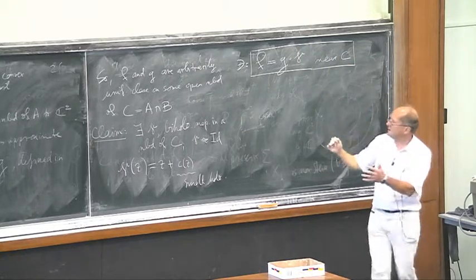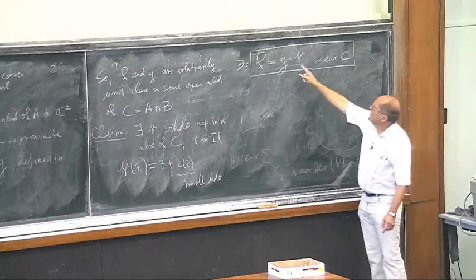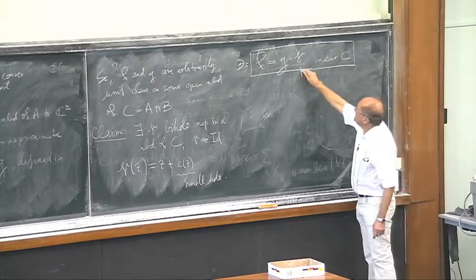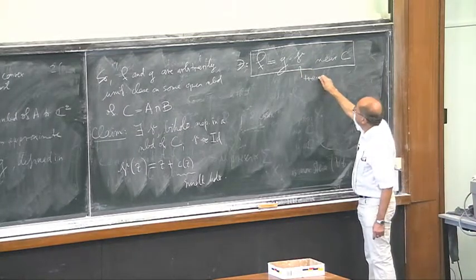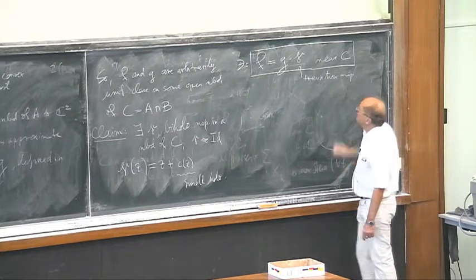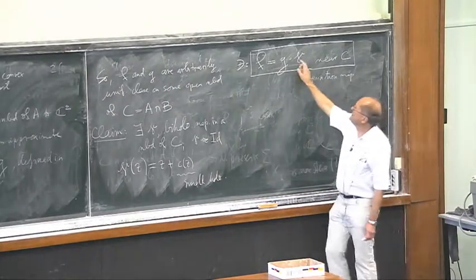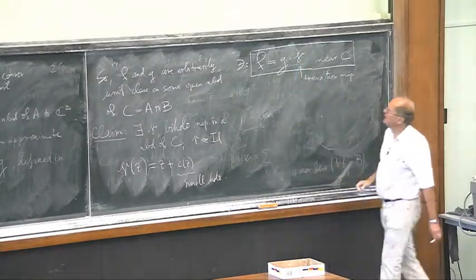Each time you have to shrink a little; you do several steps, each time I shrink. But anyway, I have this. This I call the transition map. Of course, if F and G were biholomorphic, then this is obvious, because you would just take gamma to be G inverse F. But they are not biholomorphic.